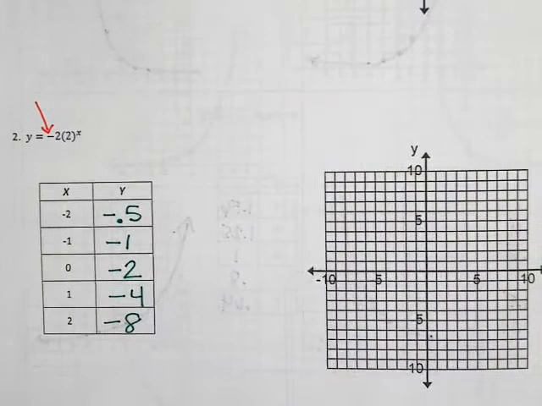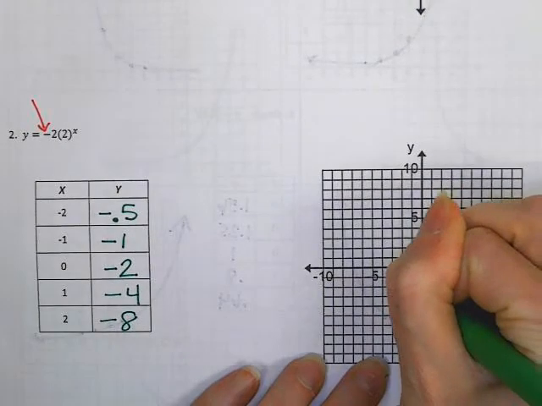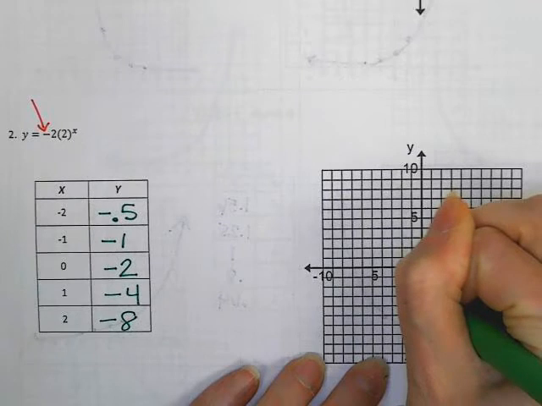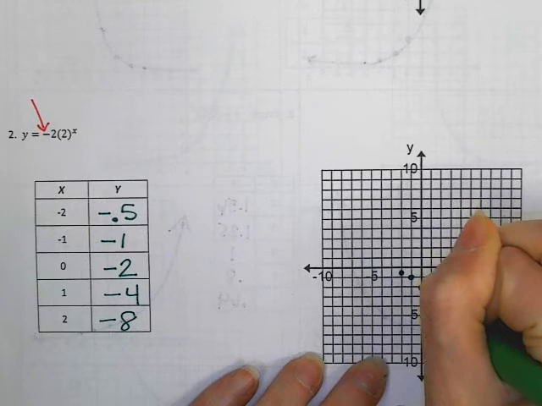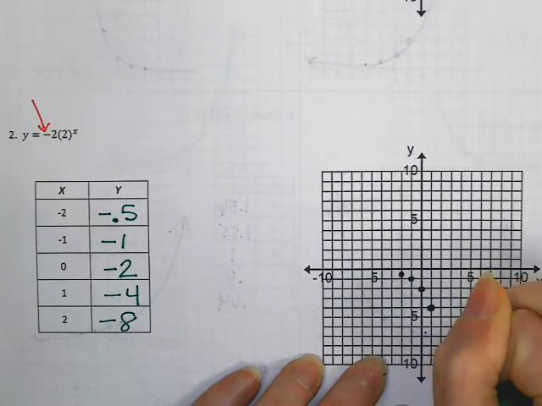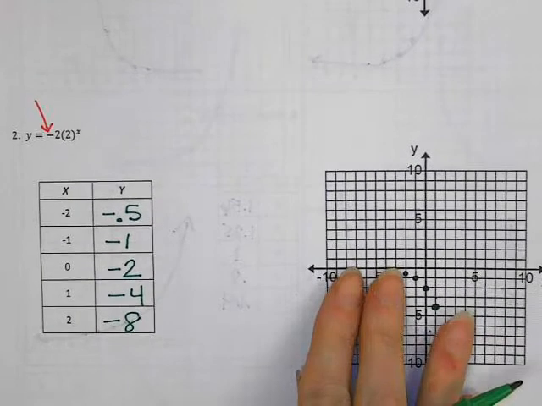All right, let's plot those points. So -2, -1/2. -1, -1. 0, -2. 1, -4. And 2, -8. Okay, this is our first one that's down here.